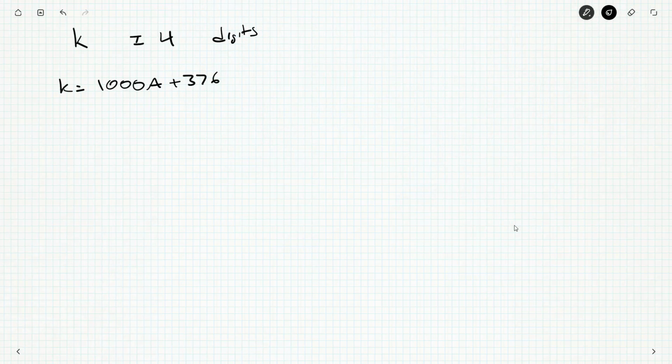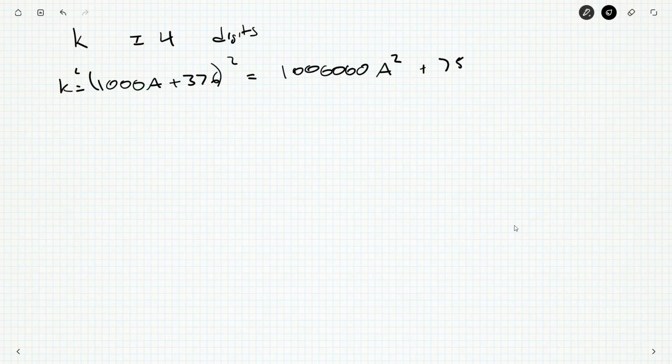And then when we square that, we get 1,000,000A squared. Doesn't really matter. 2 times 376 times 1,000 is 752,000A plus, and then 376 squared.